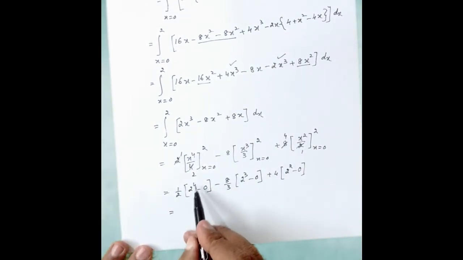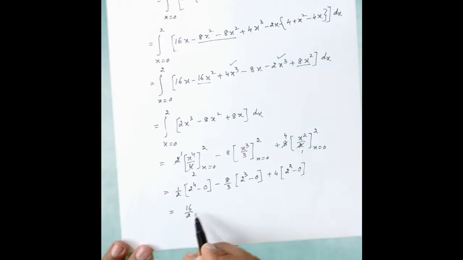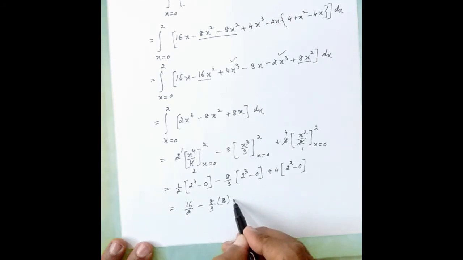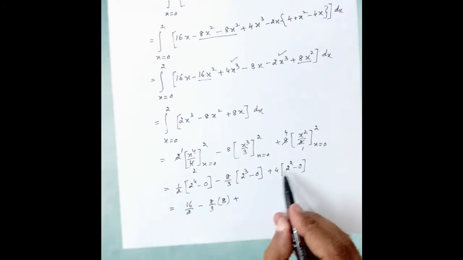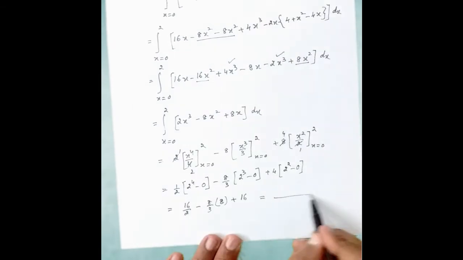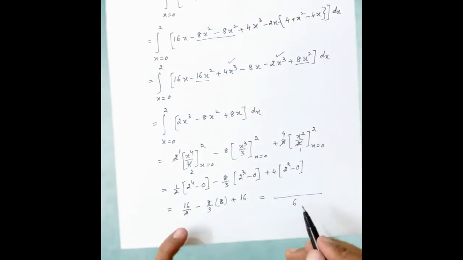So it is 2 power of 4 will be 16, so 16 by 2 minus it is 8 by 3 into 2 cube will be 8 plus 2 square will be 4, 4 times of 4 will be 16. So let us try to take the LCM and simplify this result. So LCM I can take it as 6 over here.